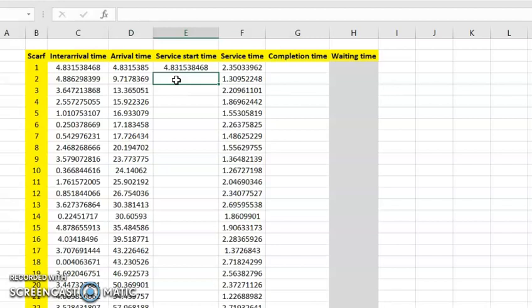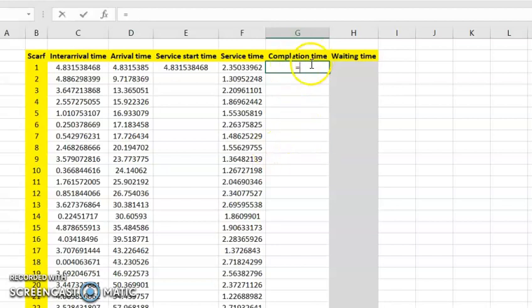If there is no scarf in the line and scarf 2 is the only one in the system, of course, it would be equal to its arrival time. But what if when scarf 2 arrives at time 9.71, there is still a service of scarf 1 undergoing? So we need to calculate the completion time to see when the service of scarf 1 is completed.